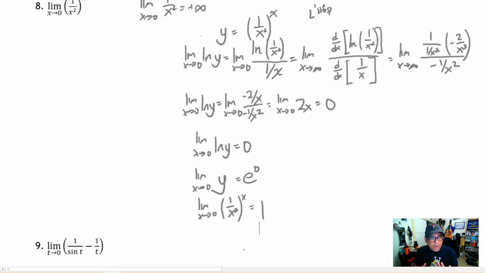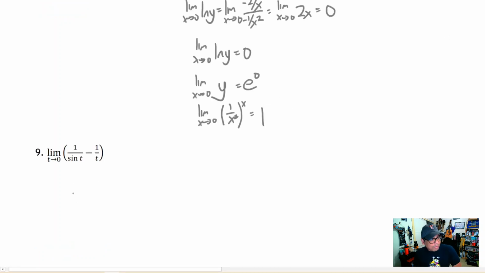And if you remember way back at the beginning, we said that y was 1 over x squared to the x power, and e to the 0 is just equal to 1. So of course, the limit as x approaches 0 of 1 over x squared to the x power, that's just equal to 1.